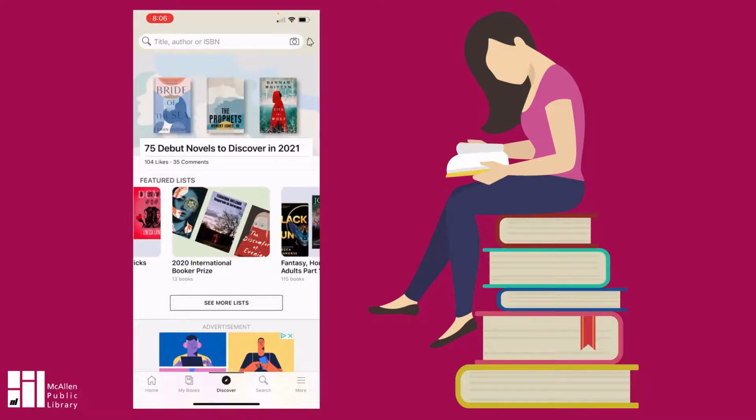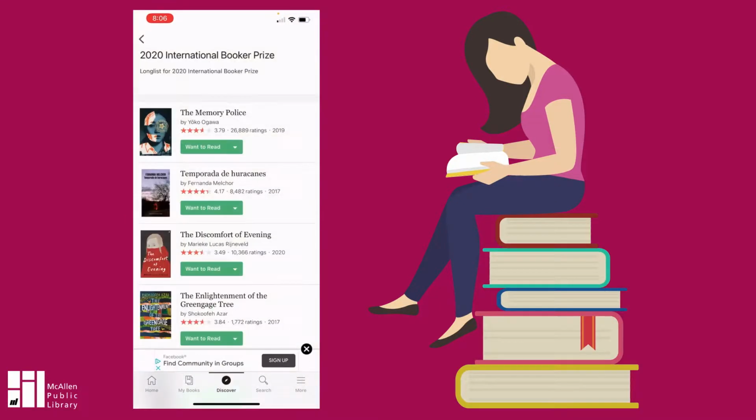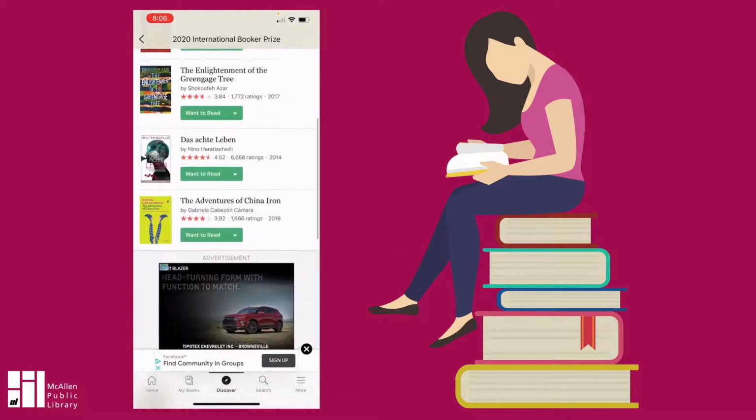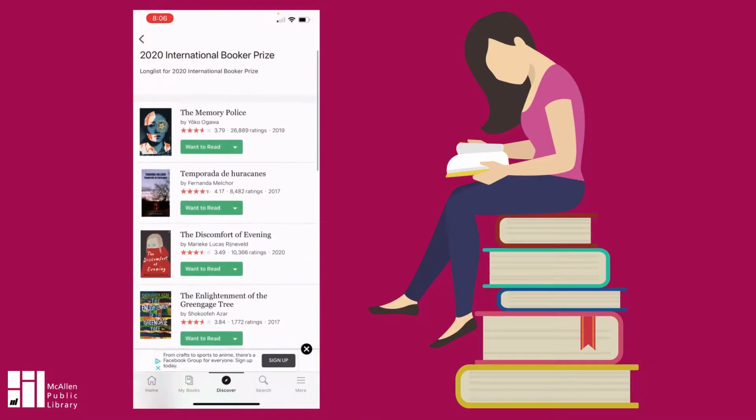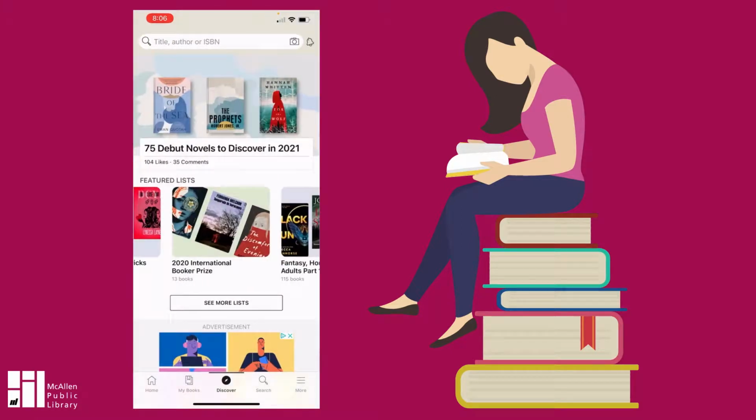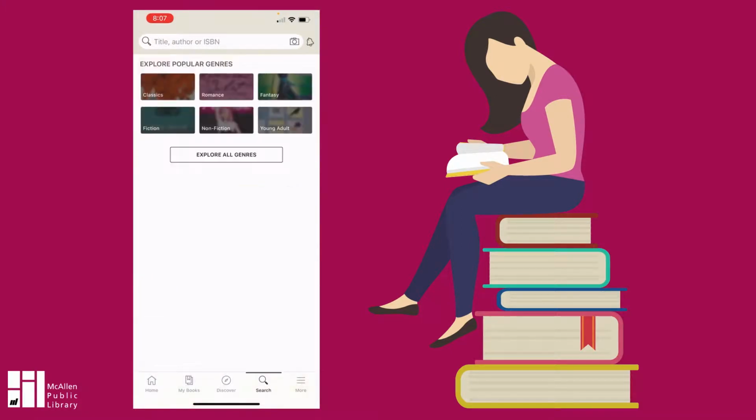That's an important one. So like, let's see, for example, you can go to the list, and anything that looks good that you might want to read, you can just go to Want to Read and add it to your list. And over here on the search box, that's just what it looks like. You can browse different genres or search up here at the top.